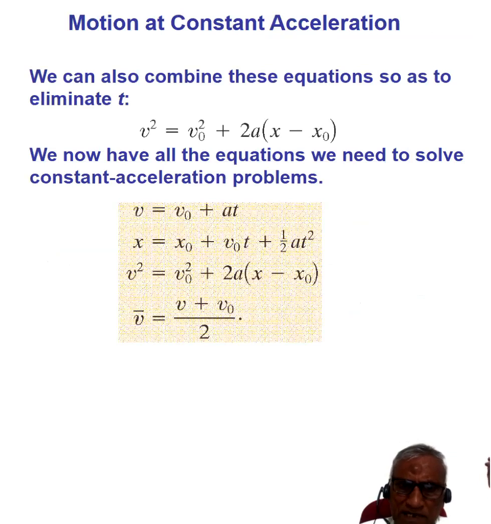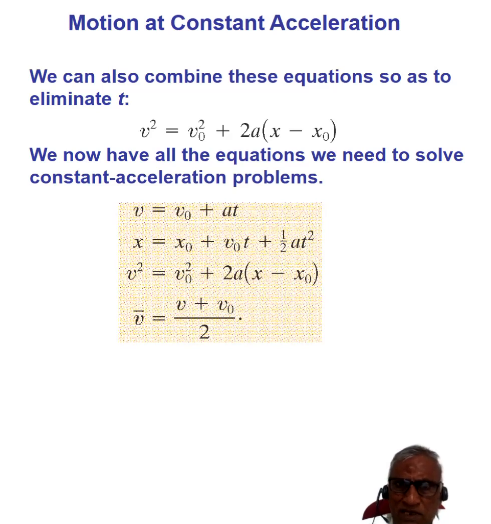So the previous slides, whatever we have discussed. Finally, these equations can be derived by manipulating the velocity equations: V is equal to V0 plus A T, V average is V0 plus V by 2, and A is V minus V0 by T. Using that and manipulating, we can get these basic kinematics equations, which show the relationship between various physical quantities in case of constant acceleration.